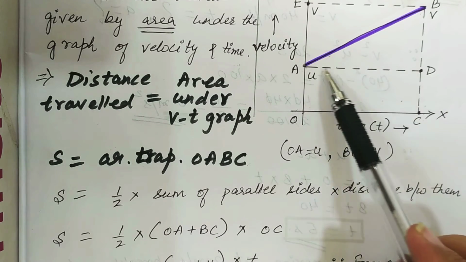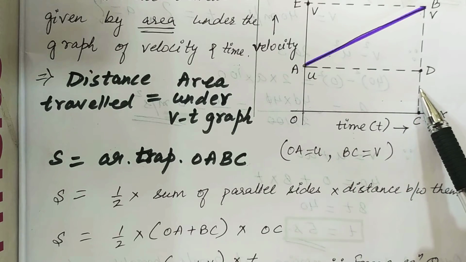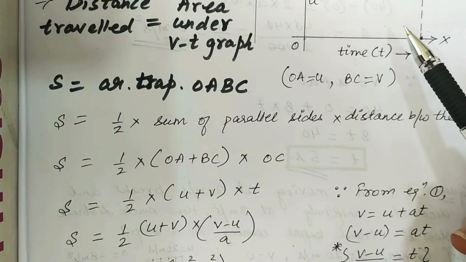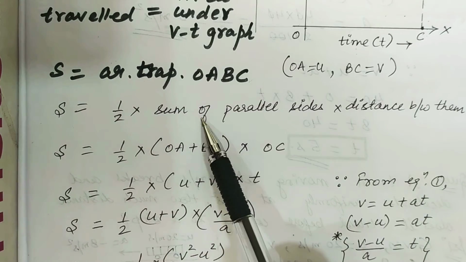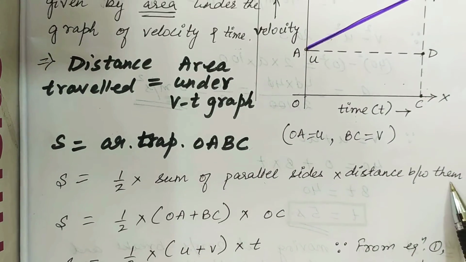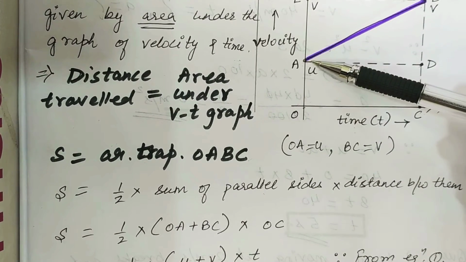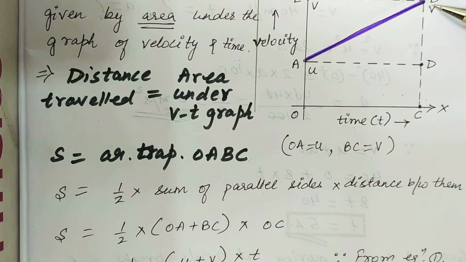This could be considered as the perpendicular distance between the two parallel lines. So we apply the formula of a trapezium, which is equal to half into the sum of parallel sides into the distance between them. So what are the two parallel sides? The parallel sides are OA plus BC.